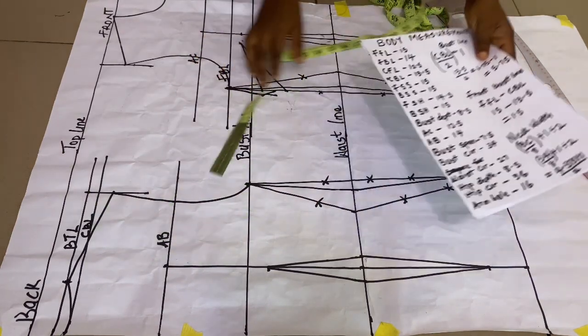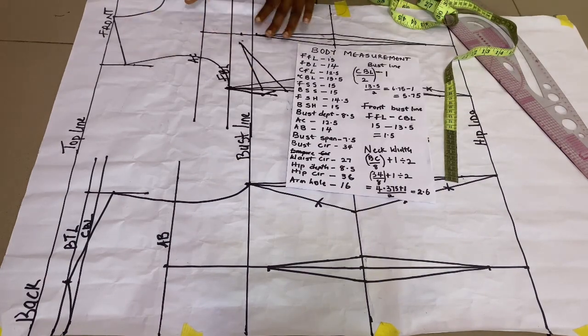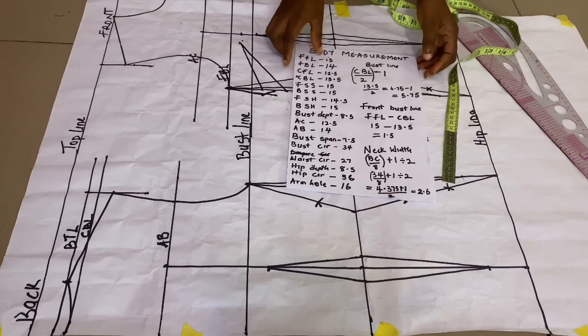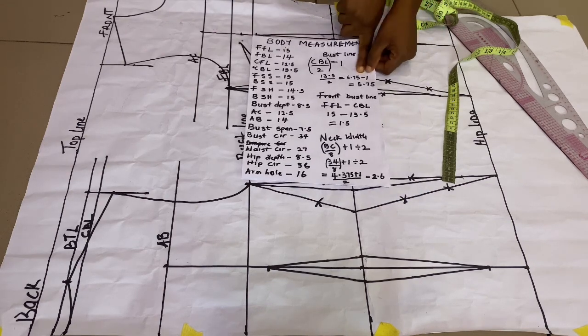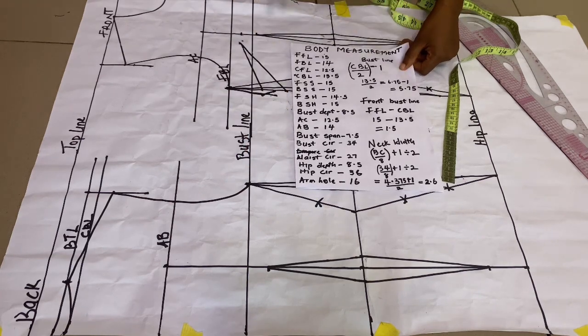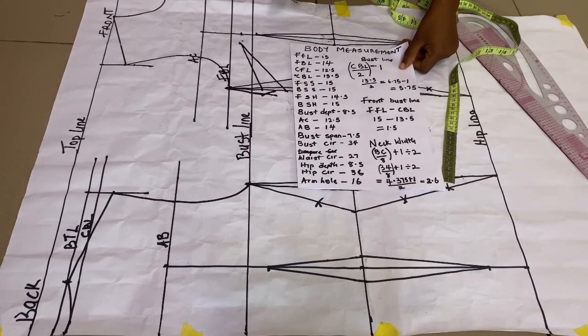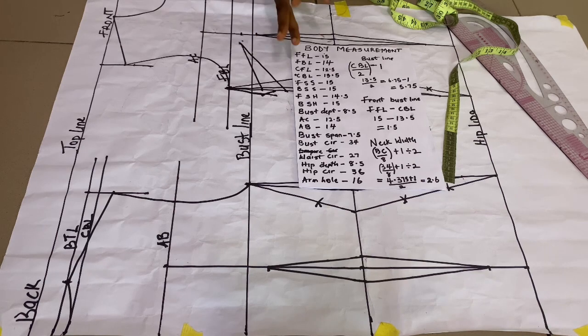But in the case where the armhole in the pattern is smaller than the armhole of the person, the first thing you will do is, to get this bust line, instead of subtracting 1, you subtract 1.5. But in the case you don't want to subtract 1.5, you come down from this bust line, both in front and in back, by 0.5 and you reconnect the armhole.